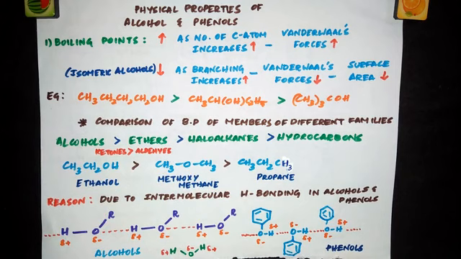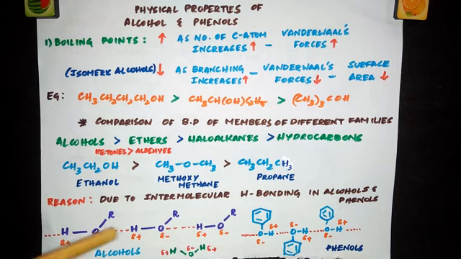Now the question is, why do alcohols and phenols have higher boiling points when compared to the other families? The reason is the intermolecular hydrogen bonding in alcohols and phenols. See, this is a phenol, ROH, and oxygen compared to hydrogen is more electronegative, so it has a partial negative charge, and this hydrogen has a partial positive charge.